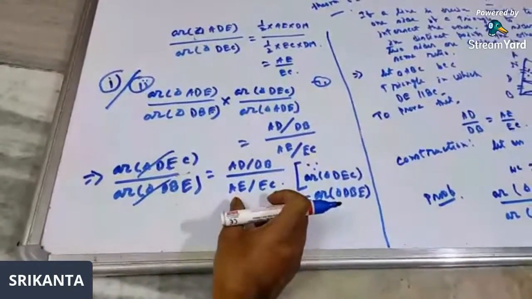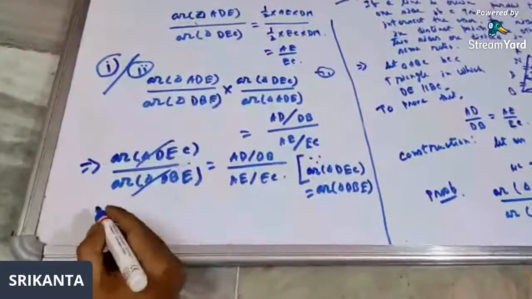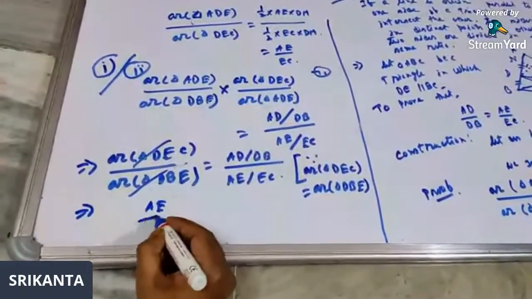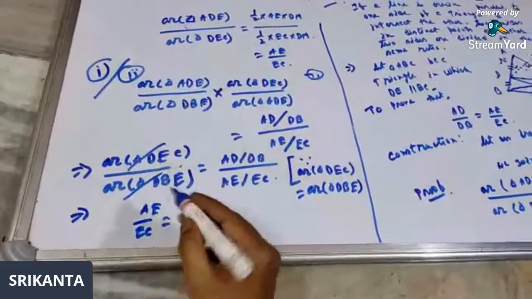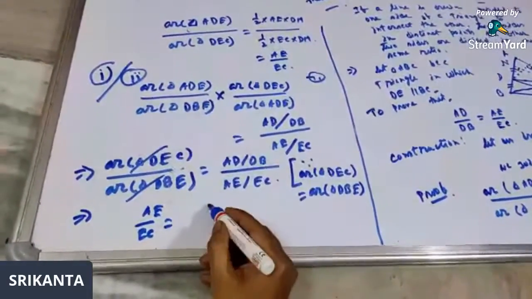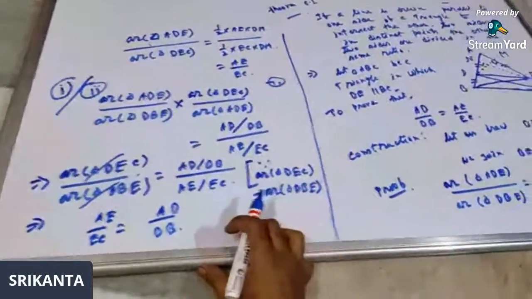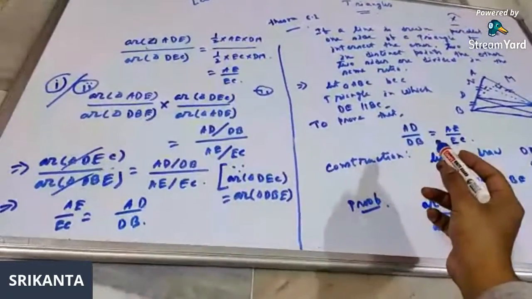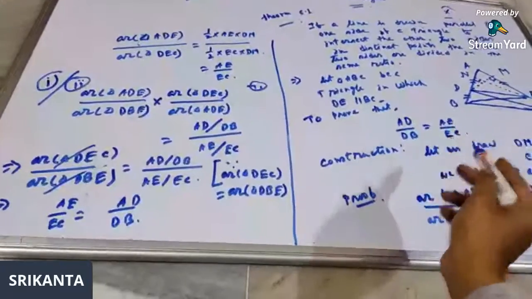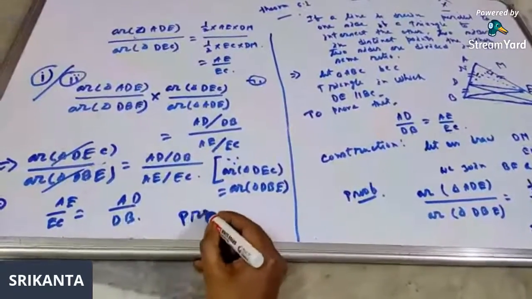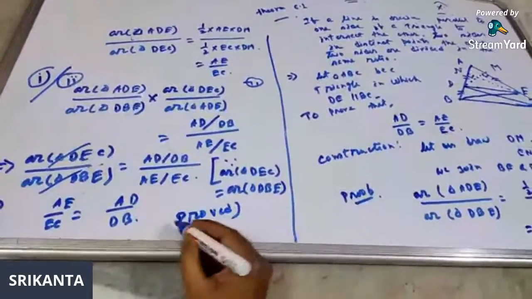So AE by EC here, denominator, if it goes there, it will be 1 into AE by EC. That means AE by EC. And in the right-hand side we have this numerator whole. So AD by DB, right? So that is what was needed to prove. AD by DB is equal to AE by EC. This concludes our proof.